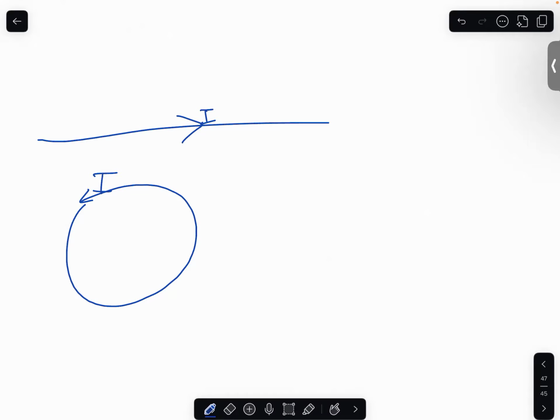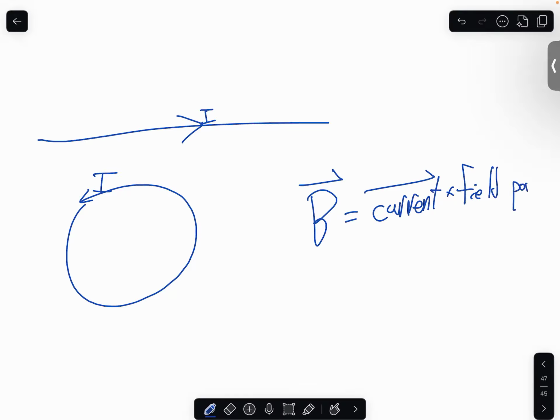If you want to find the field somewhere, you look at the current somewhere, and you can calculate the field that that current makes. That is to say, apply the right-hand rule to a piece of current, first vector.